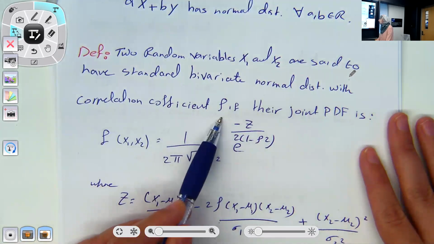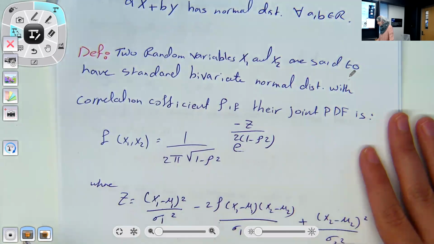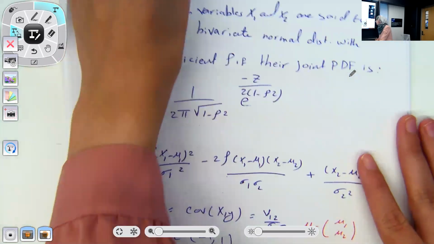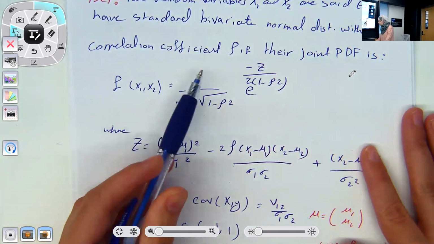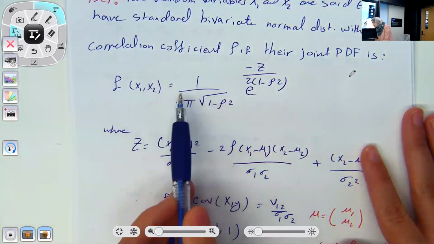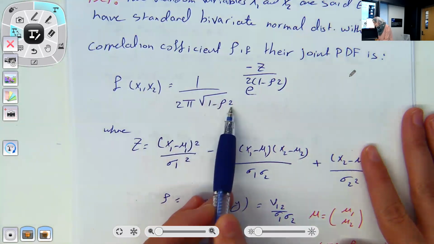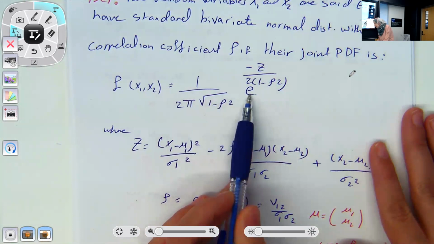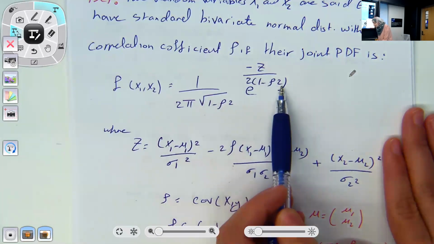The joint PDF is given by f of x1, x2 equals 1 over 2 pi times the square root of 1 minus rho squared, multiplied with the exponential of minus z divided by 2 times 1 minus rho squared.